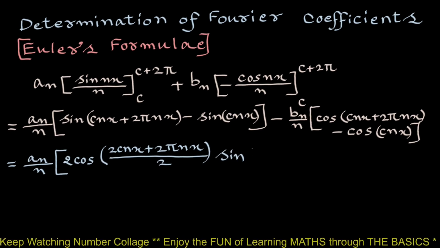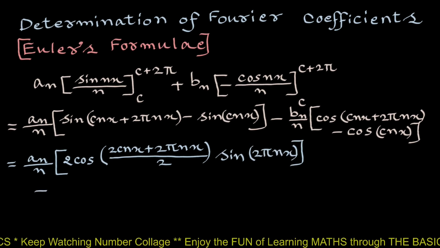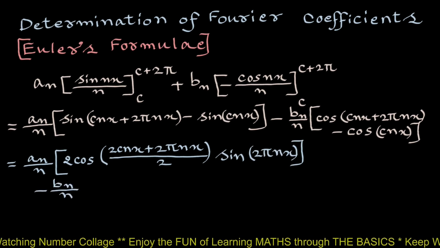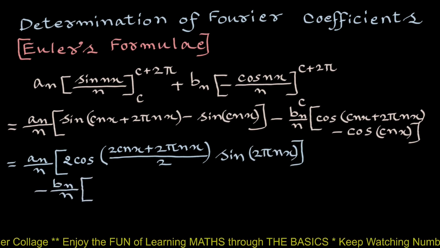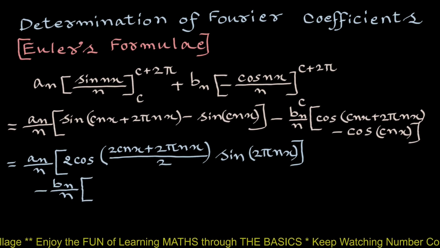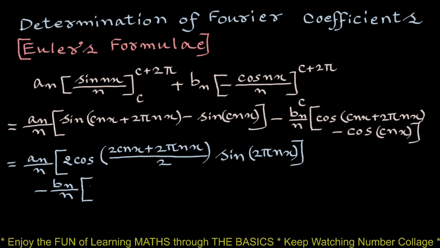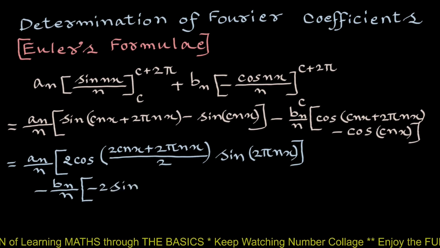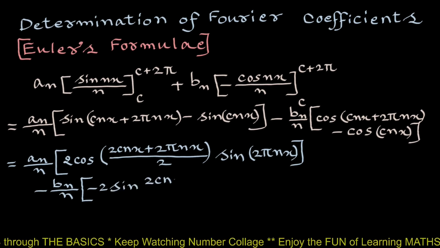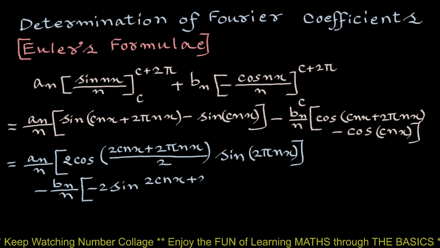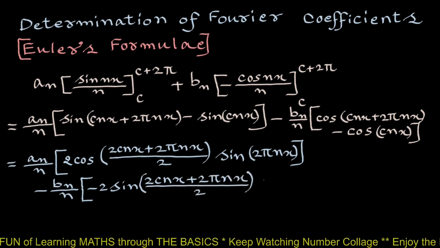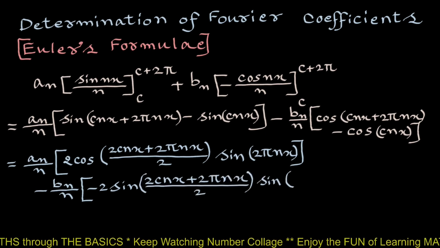So this will be sin of 2 pi nx minus bn upon n into, again by factorization formula of cos c minus cos d, this will be minus 2 sin of (c plus d) upon 2, that is (2 cnx plus 2 pi nx) upon 2, sin of (cnx minus cnx) is 0.